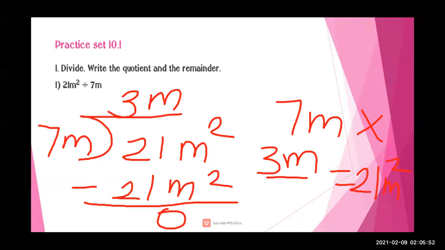Which number should multiply by 7m? That is 3m, so it is 21m square. So that only I have written in the quotient, and the remainder is 0. So you will write downward: quotient equal to 3m, remainder equal to 0.